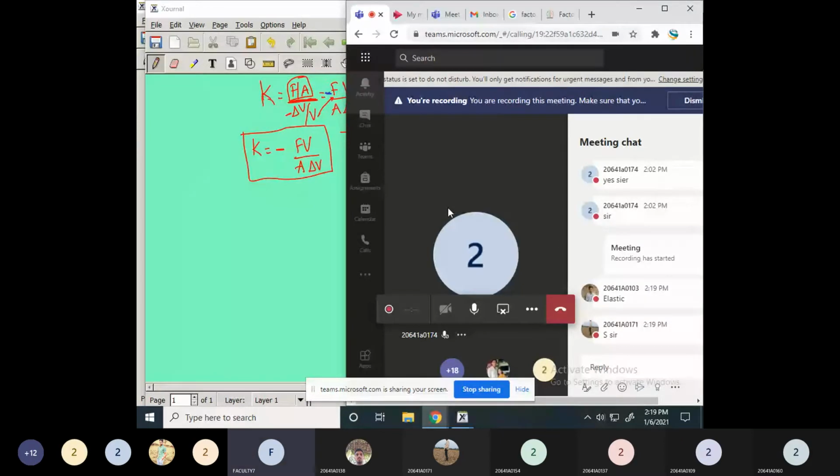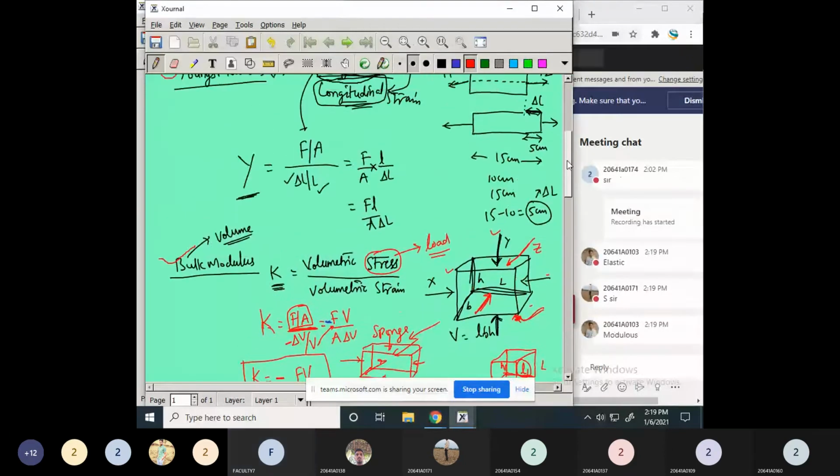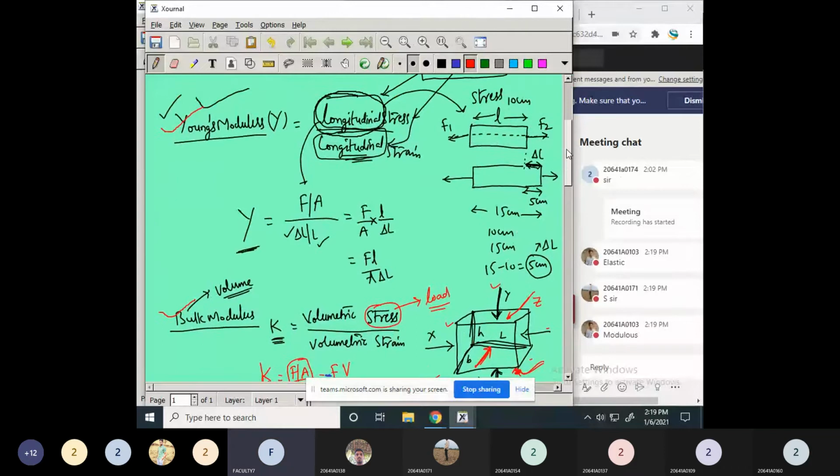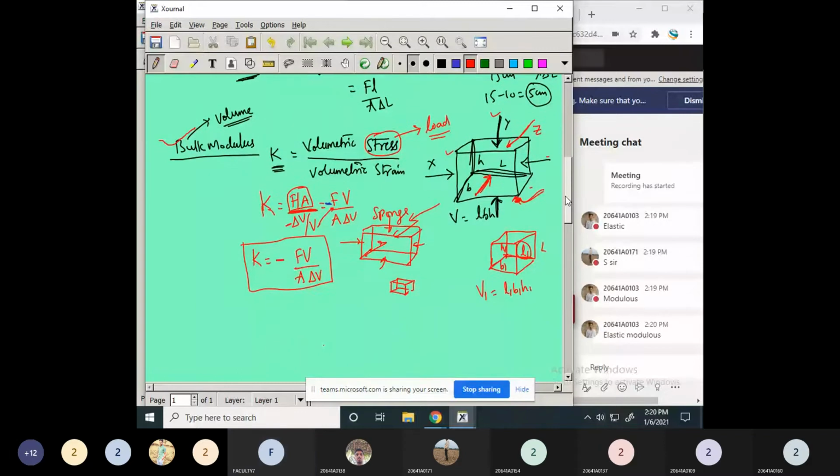Okay, so 103 said elastic, but the question I asked regarding the third modulus, what type of modulus is that? Here you got Young's modulus. The second one I mentioned was bulk modulus. So what was the third modulus I mentioned yesterday? Elastic modulus, okay.